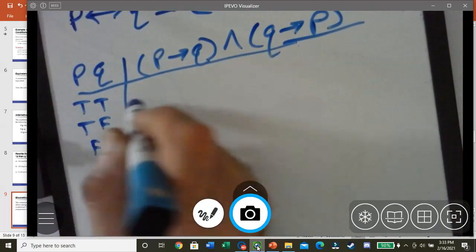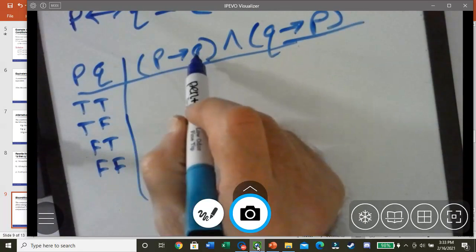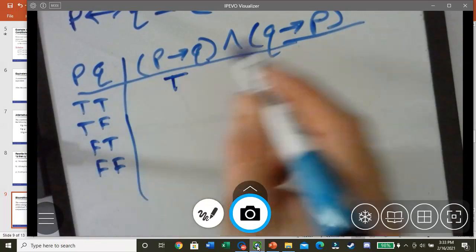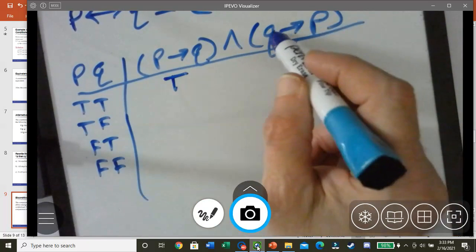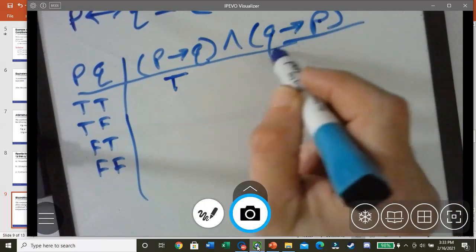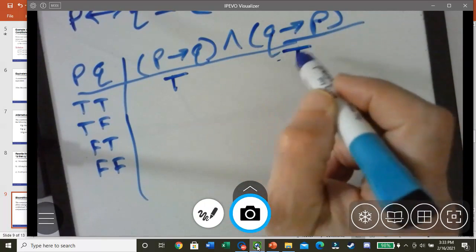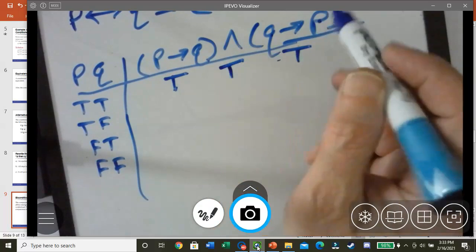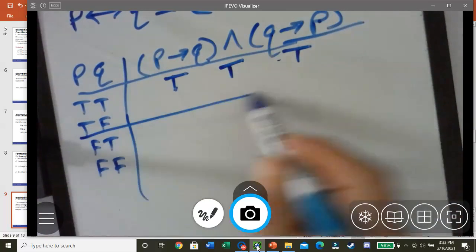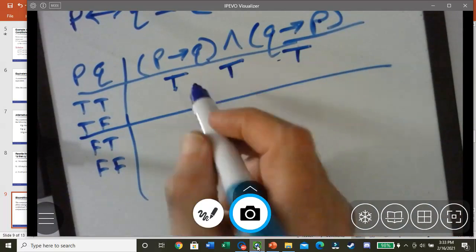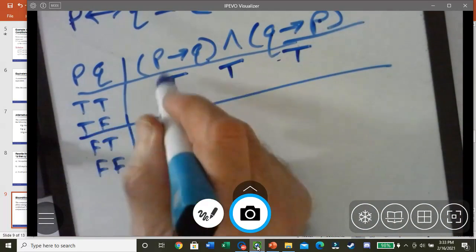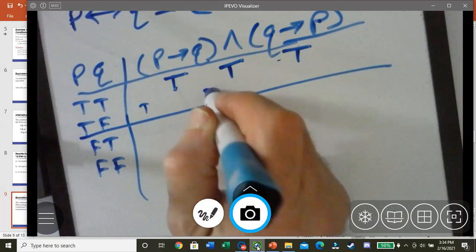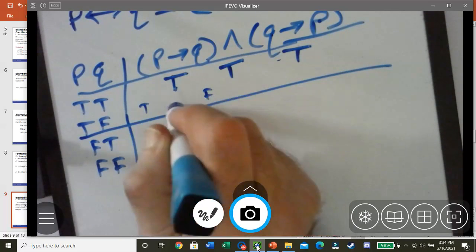So we're saying if P then Q. If true then true is true. If Q is true and P is true, then if true then true is true. So true and true is true. Okay, so if true, then false. So P is true, Q is false. If true, then false is false.